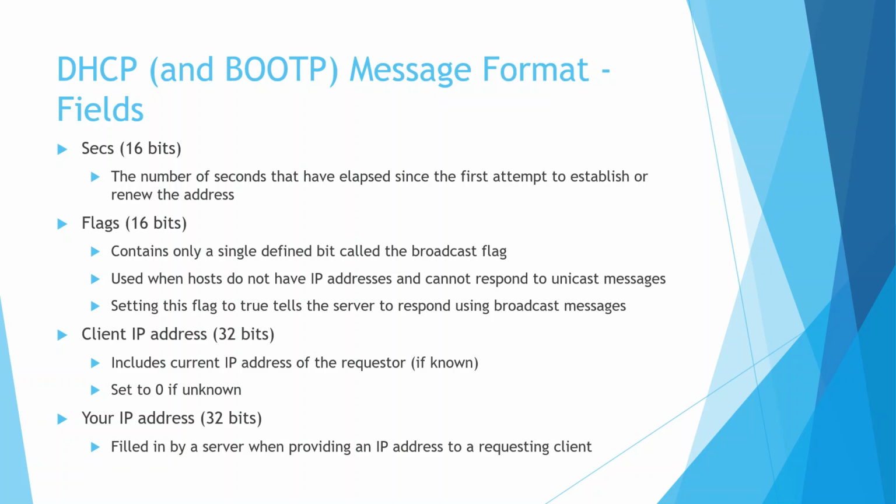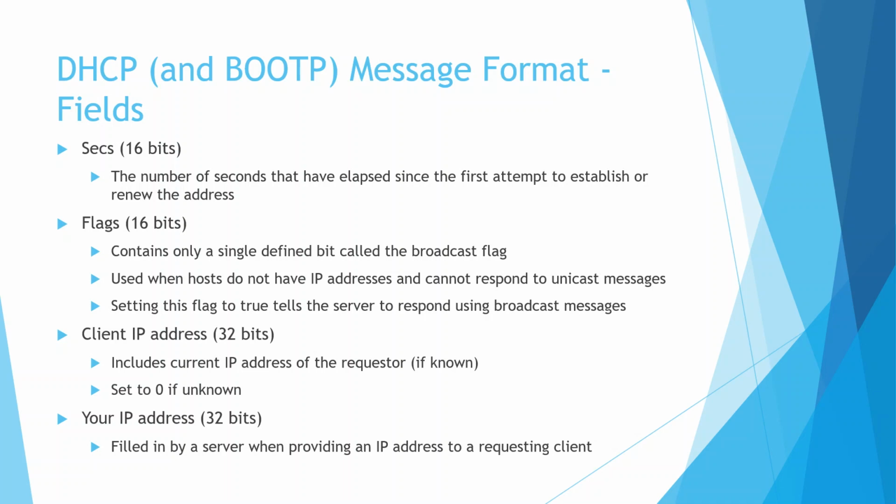Think about when a host comes on the network for the very first time. They're not going to have any network configuration at all, and a lot of times we're going to end up with something like an APIPA address if you're using Windows.